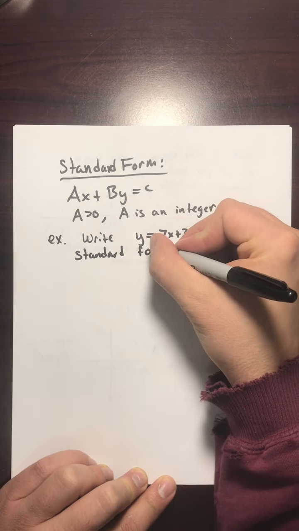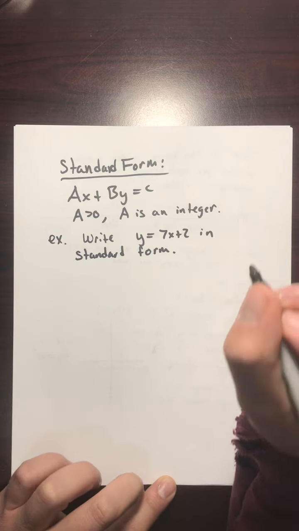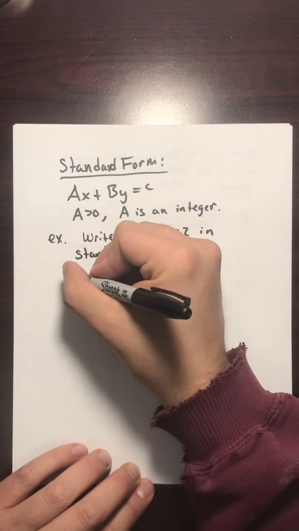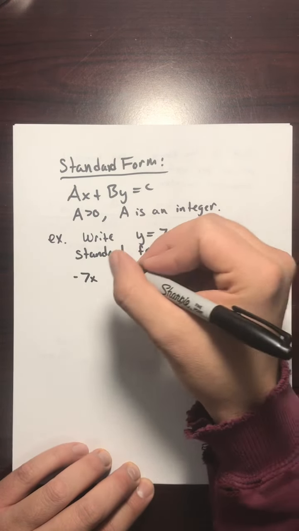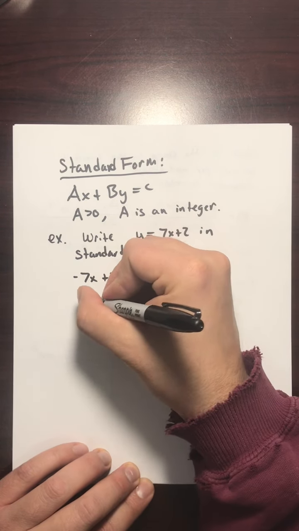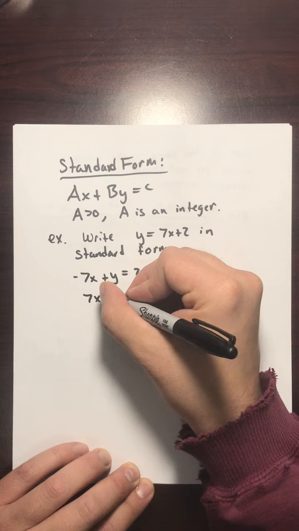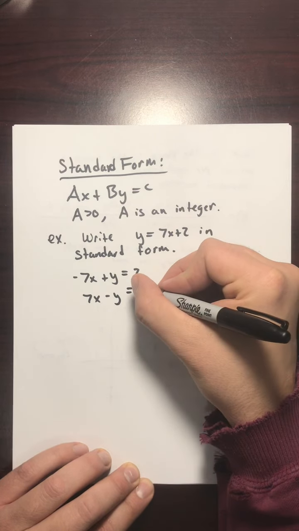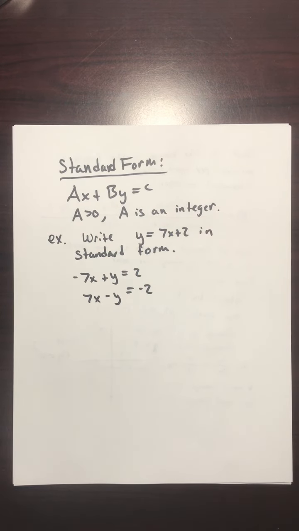So let's say we have slope-intercept form of a line, y equals 7x plus 2. We would subtract 7x from both sides, and standard form by convention wants the coefficient of x to be a positive whole number, so that would be y equals 7x plus 2 written in standard form.